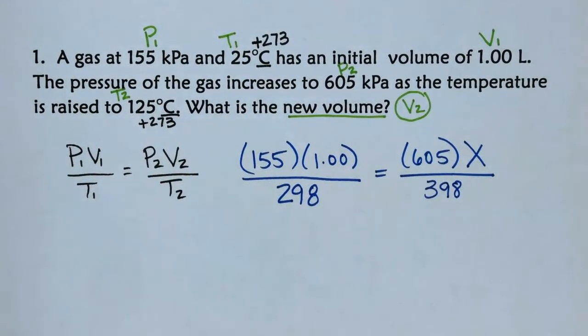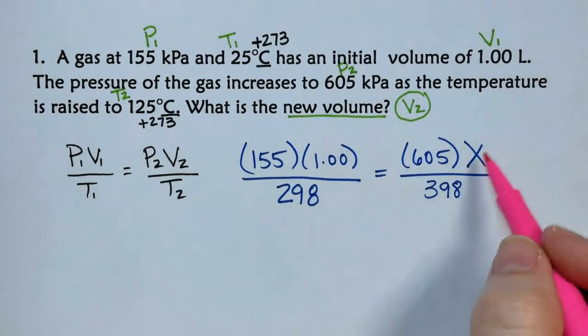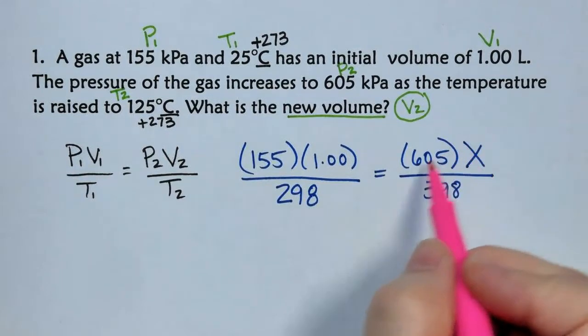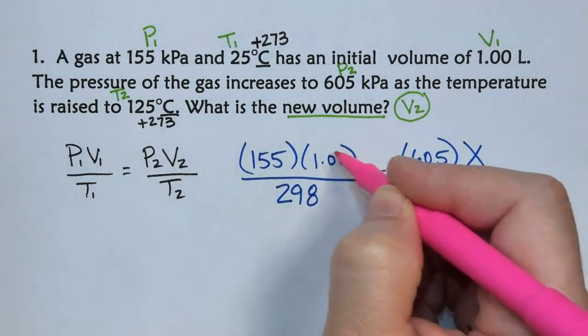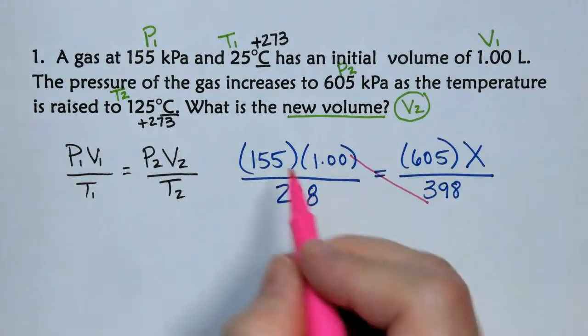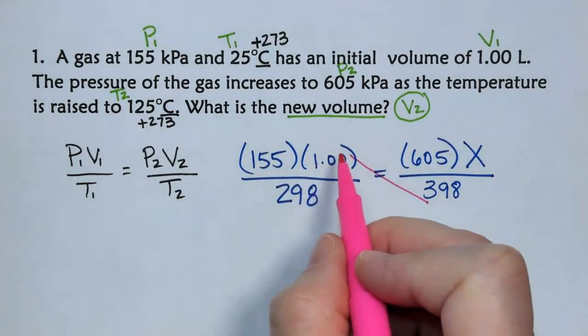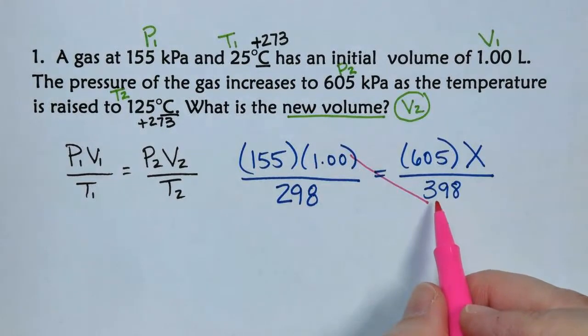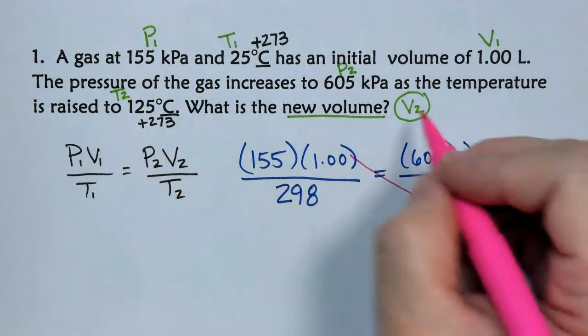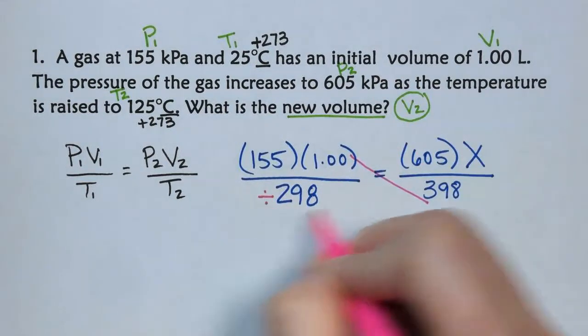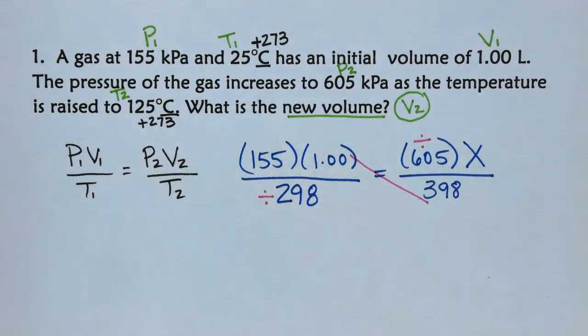So now that I have all of my equation set up, I'm going to cross multiply to solve for X. You're not going to start your cross with the X. You want to start your cross opposite the X. And so what it's going to be is 155 times 1 times 398. And you see these guys that are associated with my X, I'm going to hit divided by 298 divided by 605.